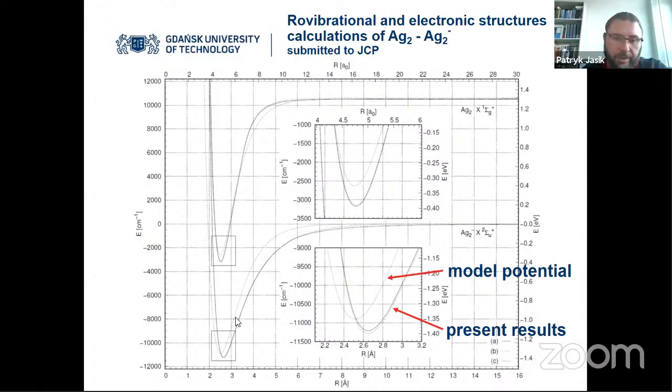You can see here the ground state of the molecular silver anion and the ground state of the silver dimer. You can see some discrepancies between the positions of the minimum in the two situations.